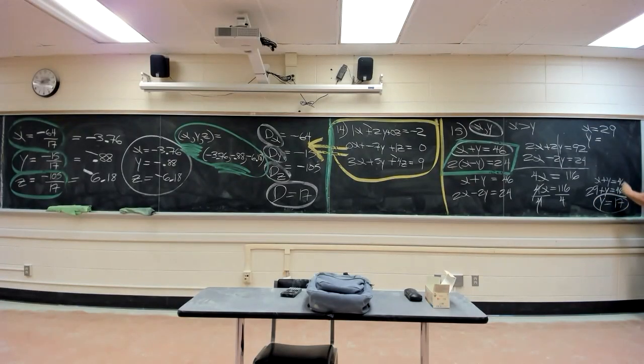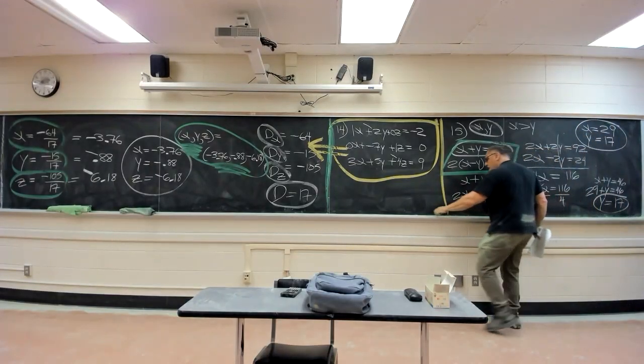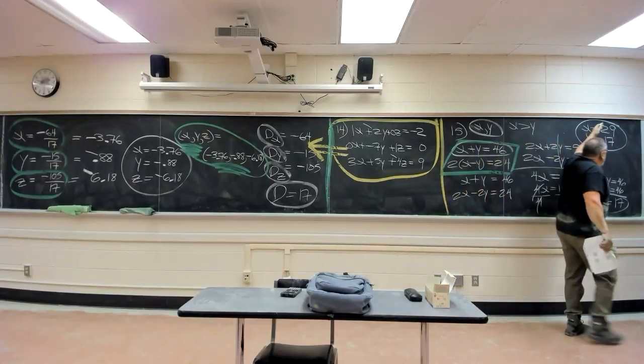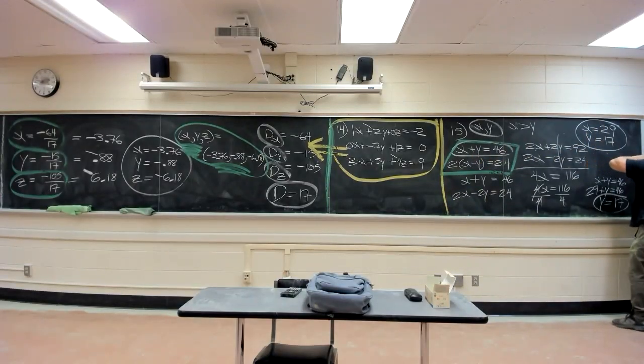Jackpot. We got it. Is it true that 29 and 17 is 46? They did tell us that the sum of the two numbers is 46. Yeah.